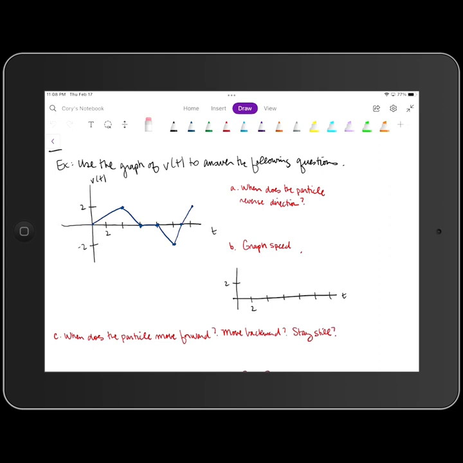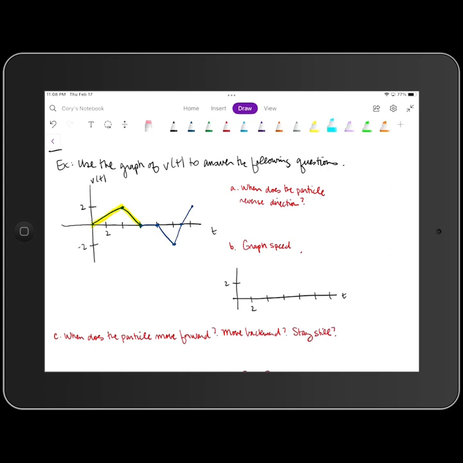Just to take a look at this graph here really quick, I'm going to highlight this portion of it. If we were to talk about the direction of motion for our particle, velocity is positive on this entire interval here in yellow. So that means our particle is moving forward at that time.